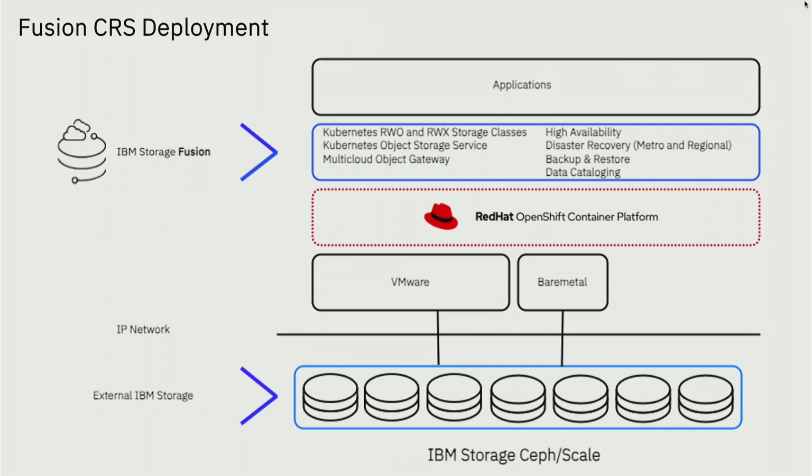We do have what we call a CRS, or external mode deployment. So we basically connect our OpenShift cluster to either an external Ceph cluster or an external Scale cluster. And you can actually do both at the same time. You can have one OpenShift cluster with one workload that requires HPC-style throughput and bandwidth.